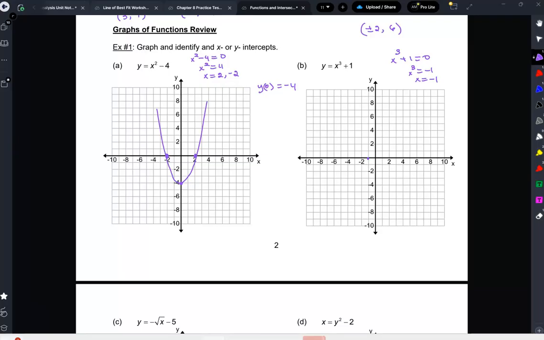So this is a cube root. What's the y-intercept? 1. Yeah. The y-intercept is y of 0, which is 0 cubed plus 1, so 1.